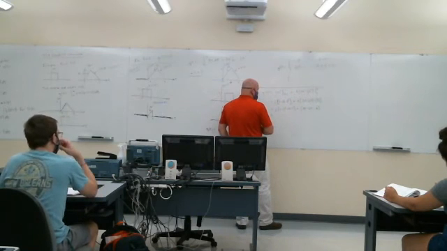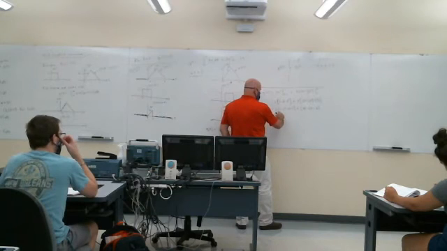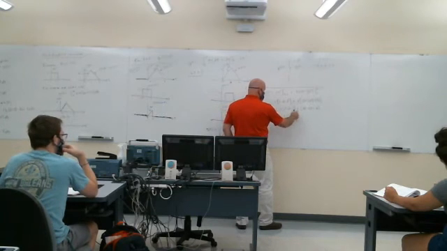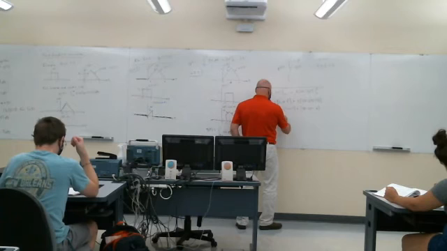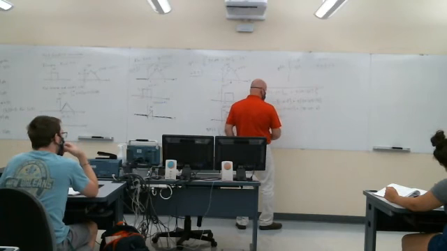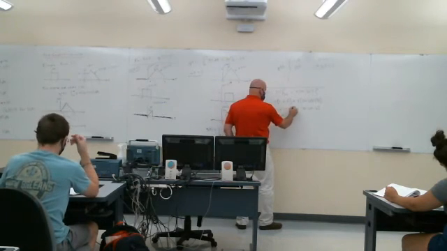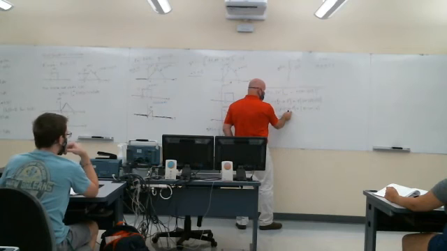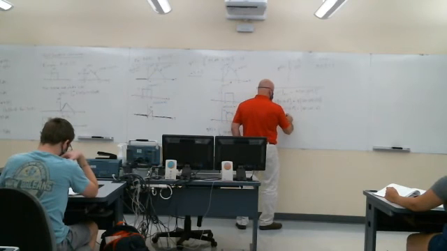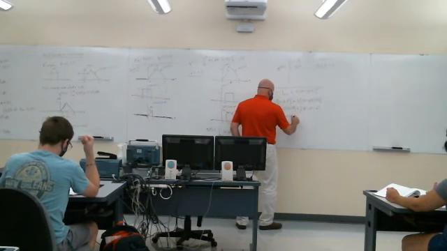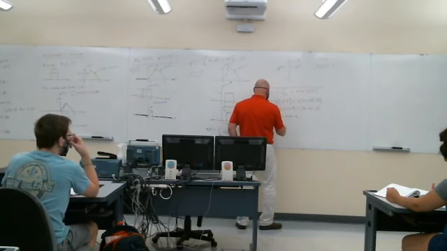Finally, combining these, I've got minus 2t squared minus 2t squared, minus 4t squared. That takes care of the t squared terms. Here I've got a 1 minus 1, so I'll get rid of both of those. And I've got a 4t plus an 8t, 12t. The only constant term I have left is 6.